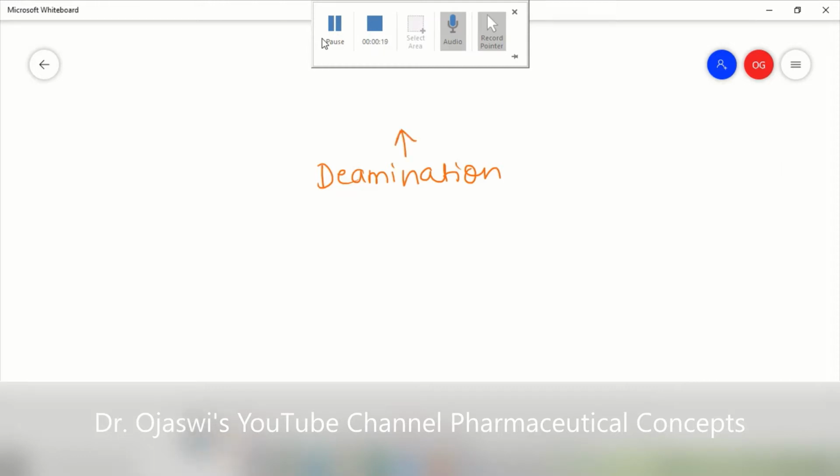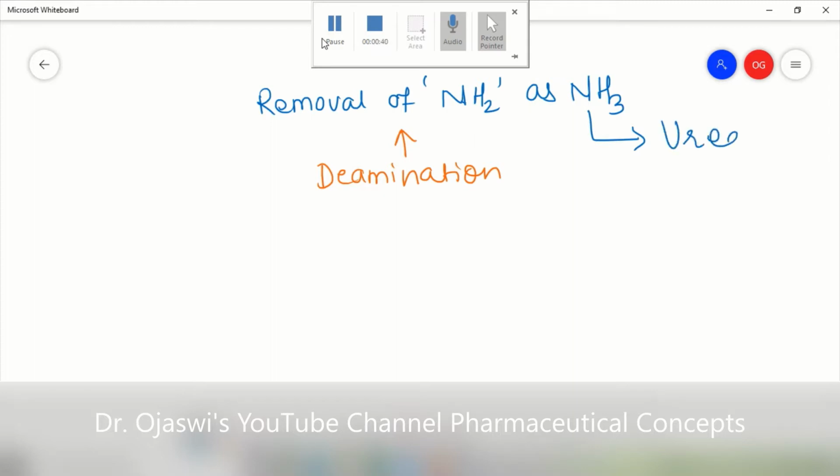It is the removal, okay, of the amino group from amino acids as ammonia. And this ammonia further takes part in urea synthesis. So that is deamination.